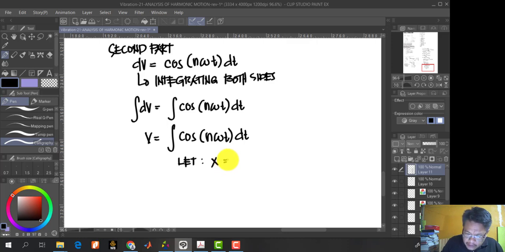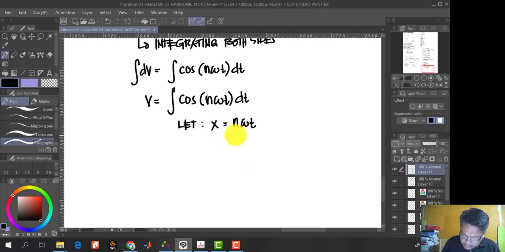So let x define yon substitution, angular velocity times time, then I can rewrite my equation here, x, so all over n, angular velocity, and we have your time, no?